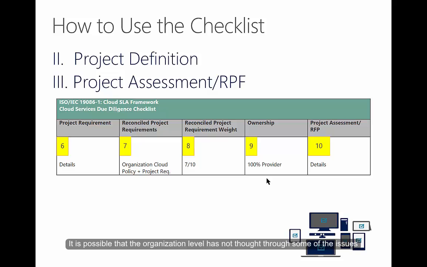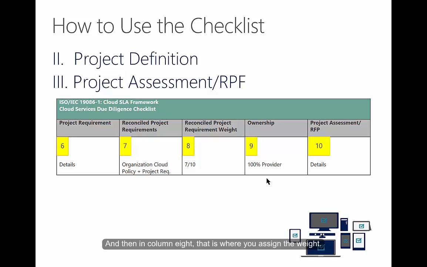It's possible that the organization level have not thought through some of the issues that are more specific to the project. It's also possible that the project might require to push some boundary that is previously set in the organization level, in which case the internal stakeholders need to negotiate and reconcile and figure out the right answer for the organization and for the specific project.